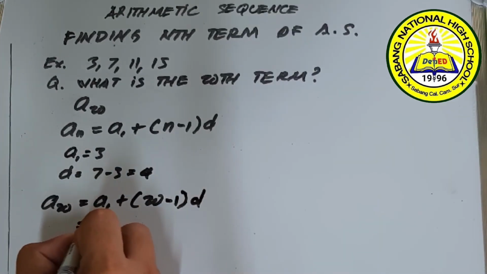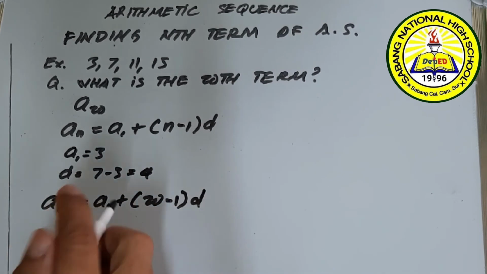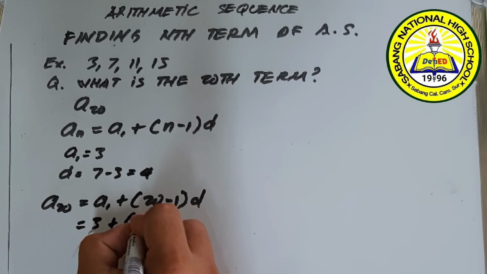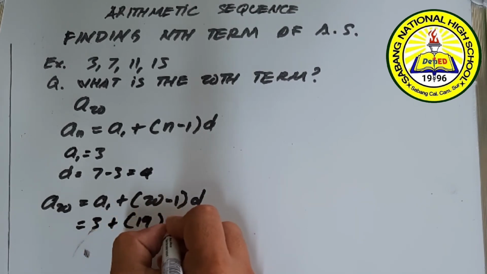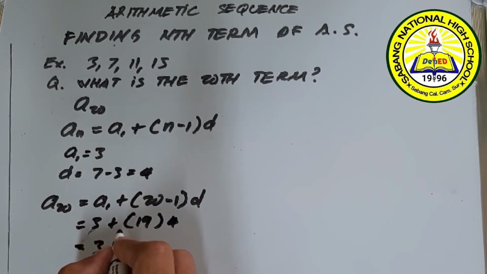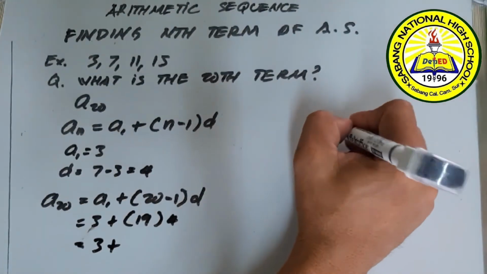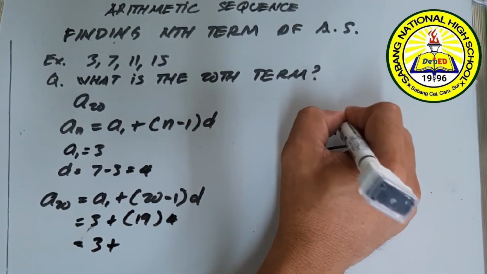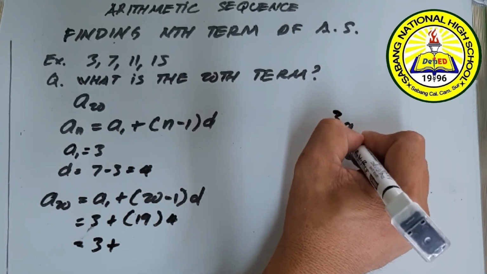So, a sub 20 is equal to 3 plus 19 times the common difference, which is 4. So we have 3 plus 19 times 4: 4 times 9 is 36, write 6 carry 3, 4 times 1 is 4 plus 3 is 7.